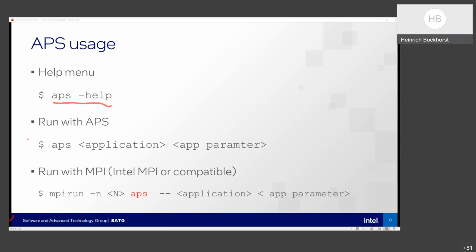And you can do the same with MPI: you exchange your normal application executable in the MPI run with APS and use the application itself as a parameter. And then it will write out an analysis for each rank, and it will also summarize the analysis in a summary file.